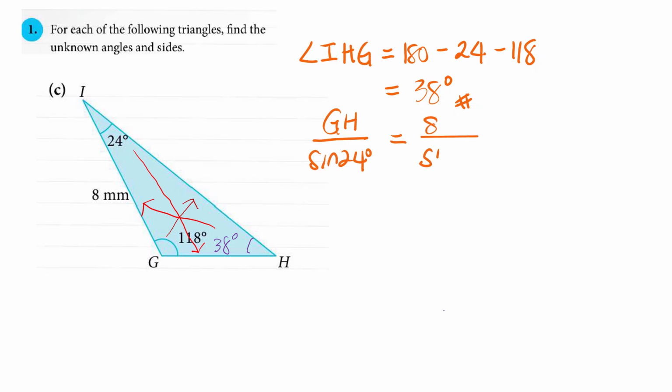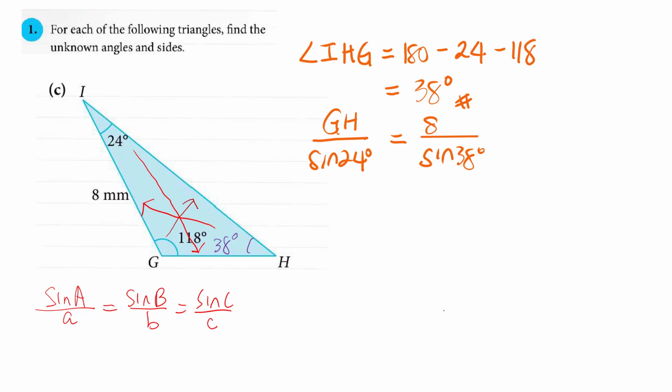We're going to find GH. Let's do a recap of your sine rule. Sine angle A over side a equals sine angle B over b equals sine angle C over c.